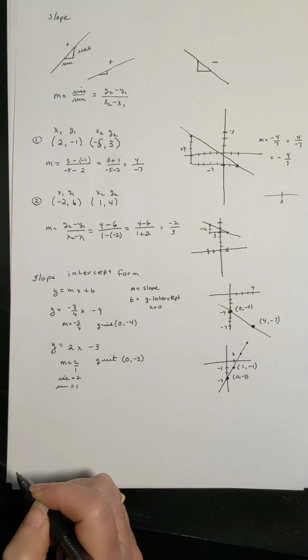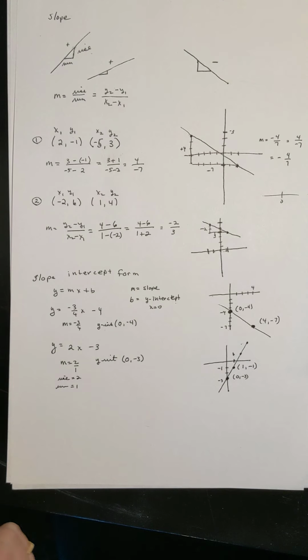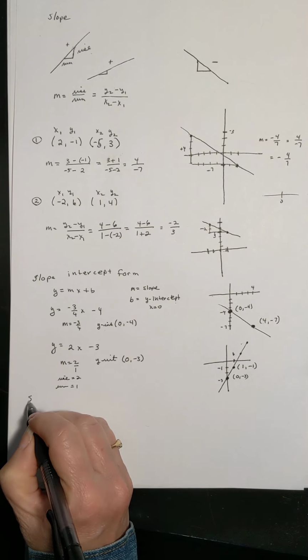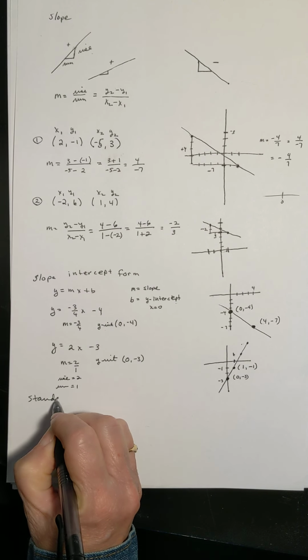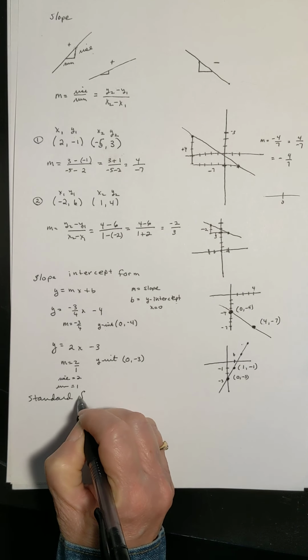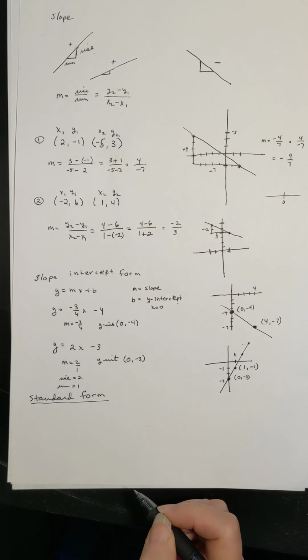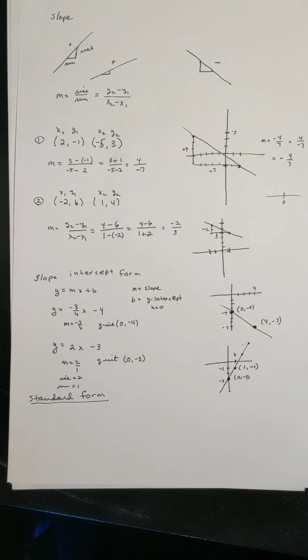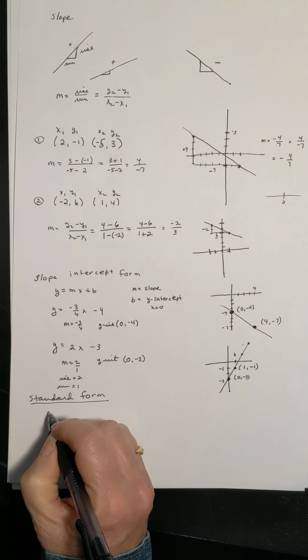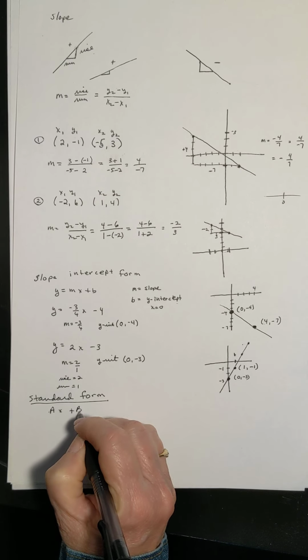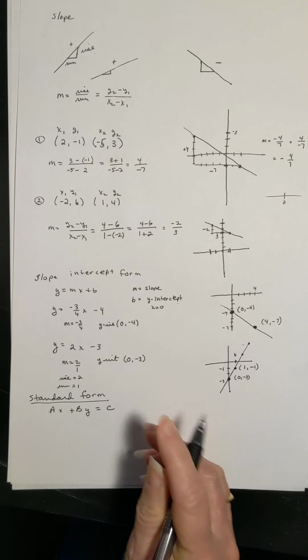All right? Now, the next form of the equation is standard form. And we've looked at both of these forms when we were graphing lines. But let's look at standard form. So standard form is ax plus by equals c.